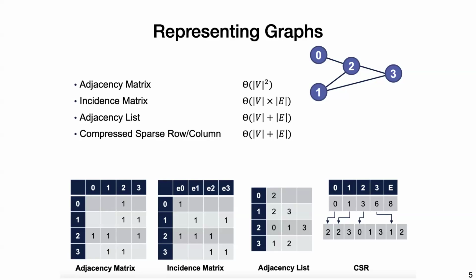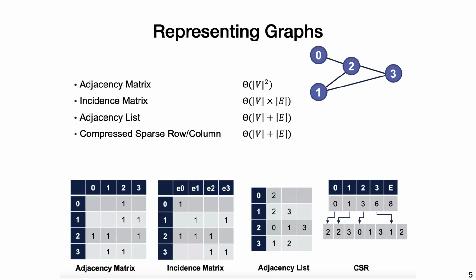E0 connects vertex 0 with vertex 2, and E1 connects vertex 1 with vertex 2. There's not that much reason to use this for regular graphs as opposed to the adjacency matrix, but it works well in hypergraphs because there may be more than 2 entries per column.